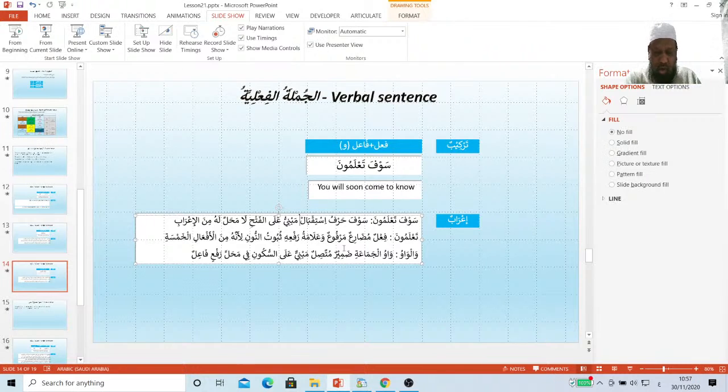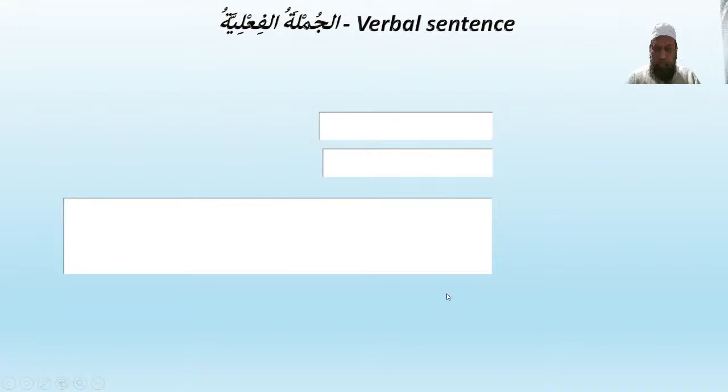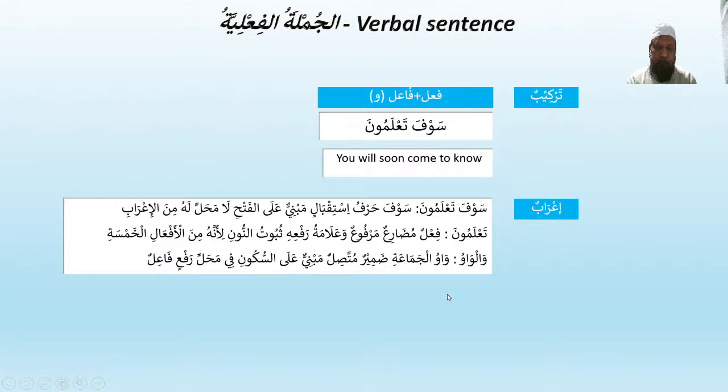Otherwise, some will say, why you. استقبال مبني على الفتح لا محل له من الإعراب, because سوف is a حرف, there's no place. تعلمون فعل مضارع مرفوع وعلامة رفعه ثبوت النون لأنه من الأفعال الخمسة. والواو واو الجماعة ضمير متصل مبني على السكون في محل رفع فاعل.